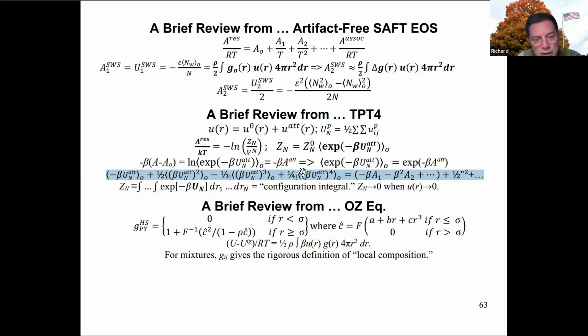So I wanted to reiterate that, and then from last week, what we saw is that this radial distribution function for hard spheres with this Percus-Yevick approximation is actually something quite simple.